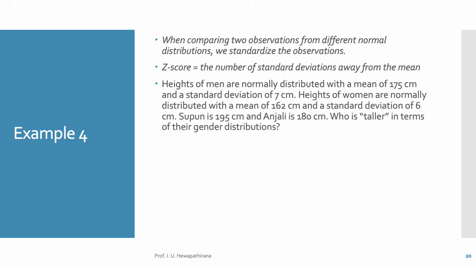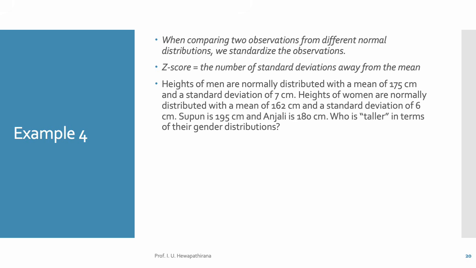One of the main uses of the standard normal distribution is we can compare two observations coming from different normal distributions. Let's see an example. Heights of men are normally distributed with a mean of 175 centimeters and a standard deviation of 7 centimeters.